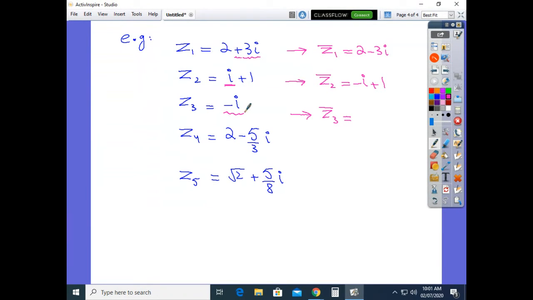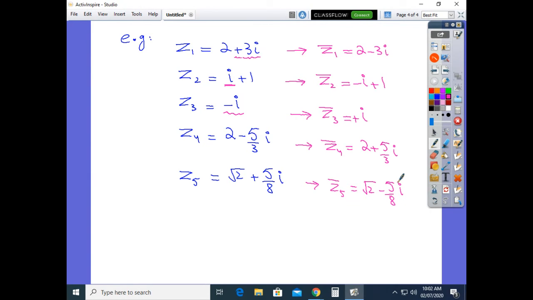Now we change the sign of iota, it becomes positive. Similarly, the fourth one, z4 conjugate is equal to 2 plus 5 by 3 iota. At last, z5 conjugate becomes square root 2 minus 5 by 8 iota.